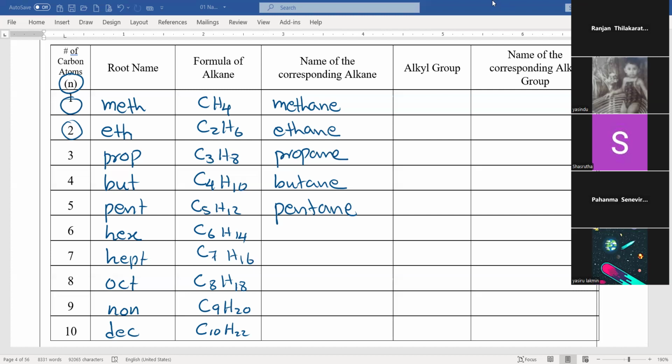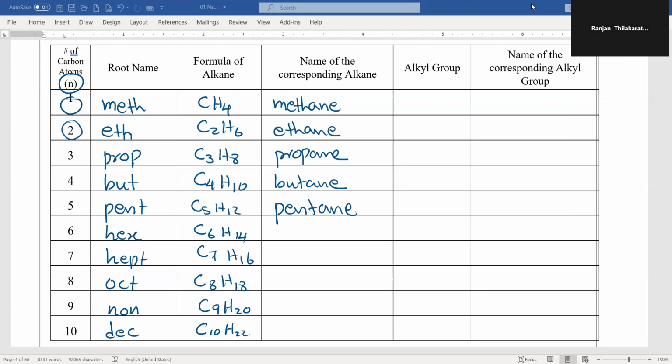Okay, let's see. Having six carbons, then hexane, seven carbons, heptane, octane, nonane, decane.